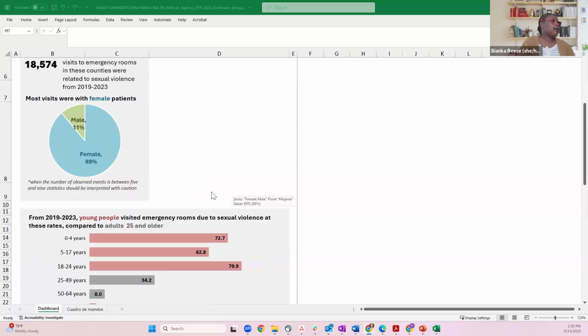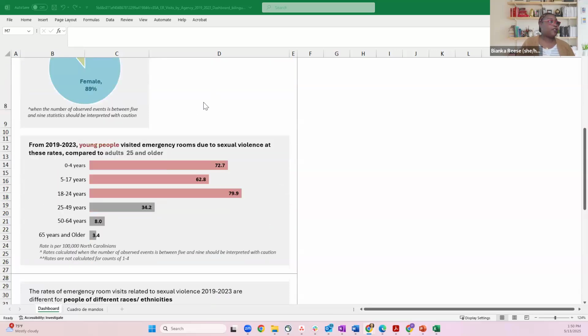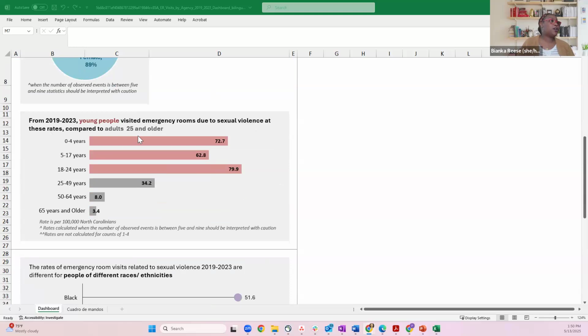All right. So the next set of information on the dashboard is organized by age group. And we're seeing here, using this graph, that younger people, especially those under age 25, account for more emergency department visits related to sexual violence compared to those over age 25.